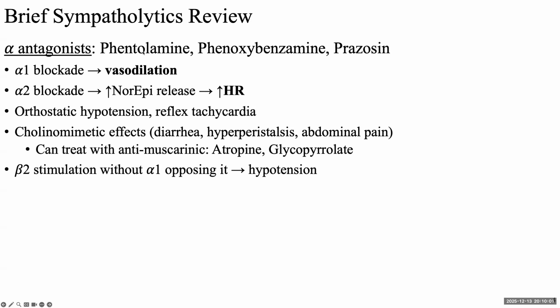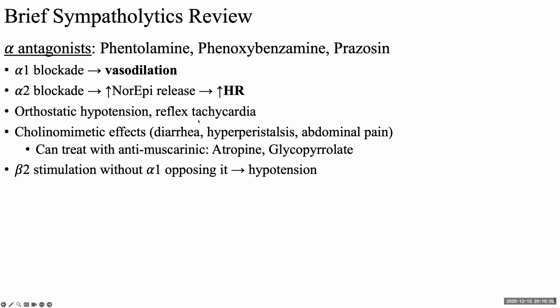So, again, if we have a non-selective blocker in play, norepi doesn't really have the ability to bind the blocked alpha 1. So, the only thing that's not blocked is beta 1. And so, we'll see an increase in heart rate in that instance. Remember that orthostatic hypotension and reflex tachycardia, these are common side effects of alpha blockade.